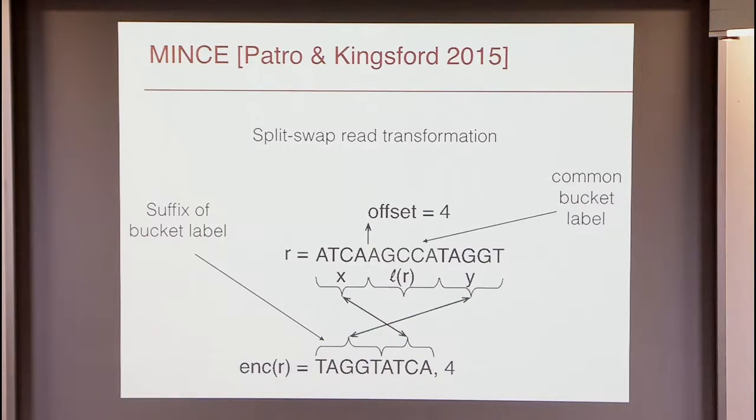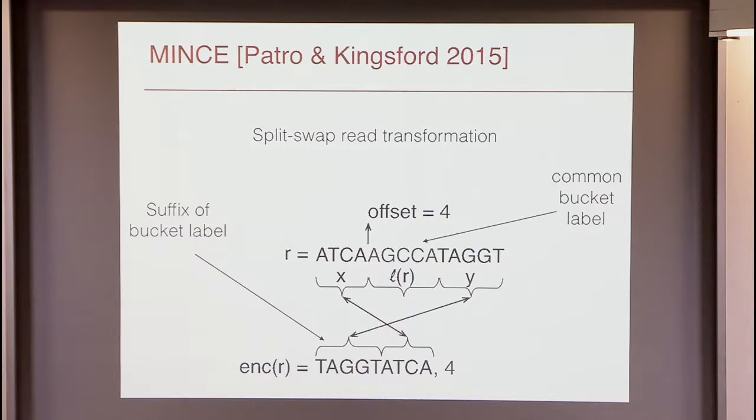Because everything that goes into the same bucket has this same label common to it, this is stored out of band. Well, there isn't even a pointer. There is an offset where this occurred in the string. And then this is flipped, so it's stored with the suffix of the bucket label at the beginning and the prefix at the end, along with the offset of the bucket label.